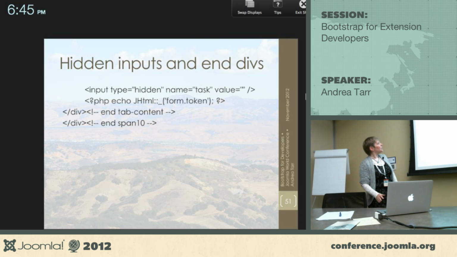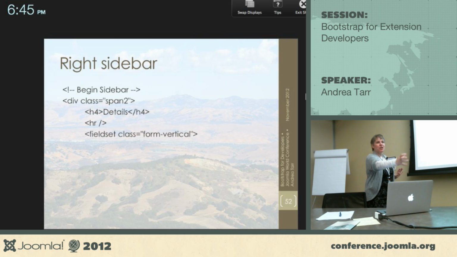And then afterwards, you just put whatever hidden things you need to, you end the whole tab content, and then end that span of 10. So let's see. And then you can start that span 2, which is the right sidebar over there. And this one's a form vertical as opposed to that form horizontal, so the label is on top of what the input is.